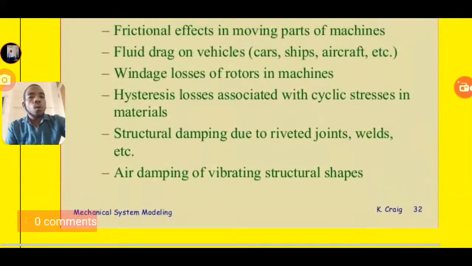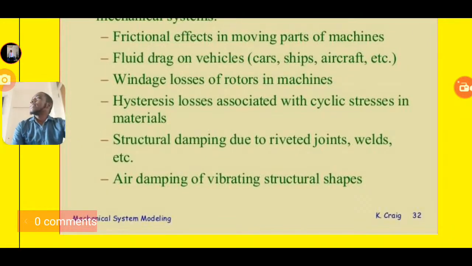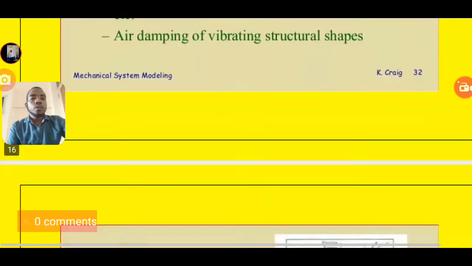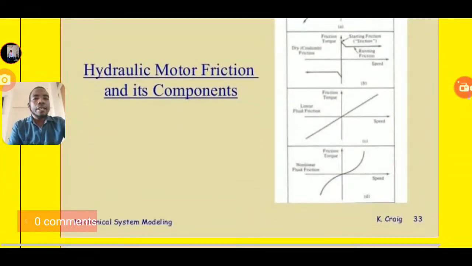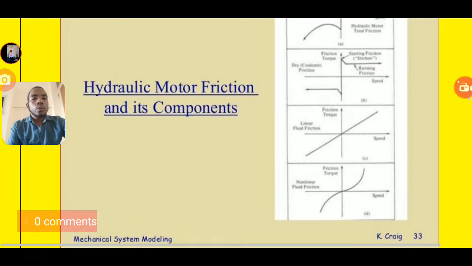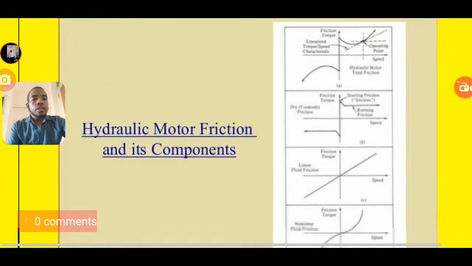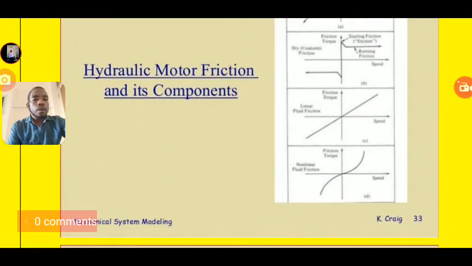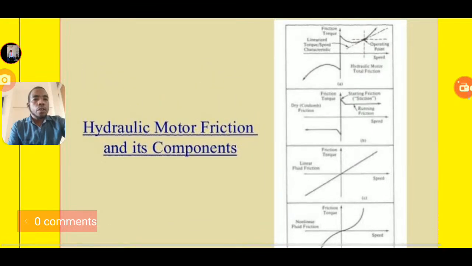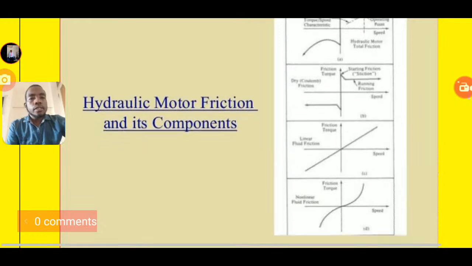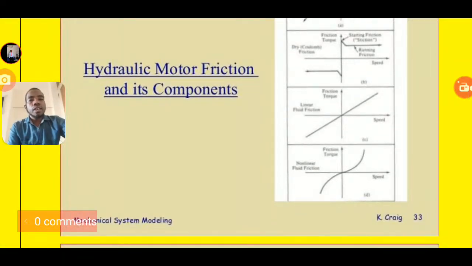These are all where we are using the damper elements. So the other thing is the hydraulic motor friction and its components. These are the kinds of graphs we are getting. This is the hydraulic motor friction and its components.